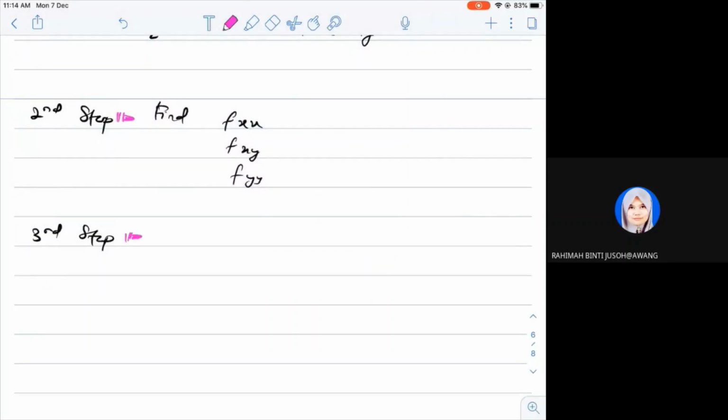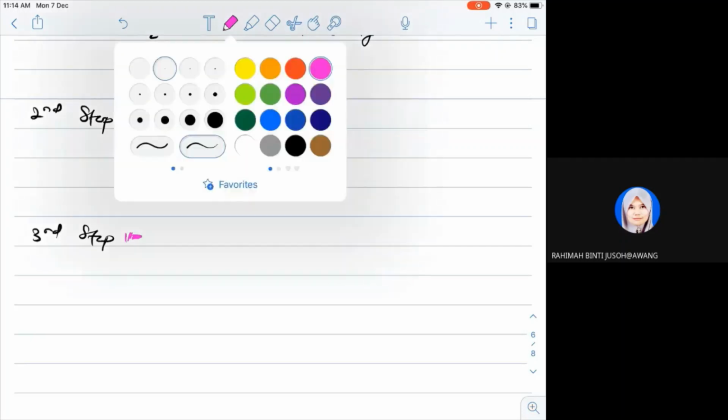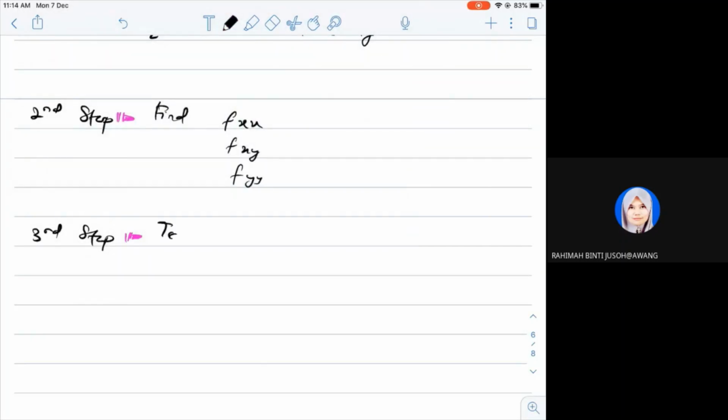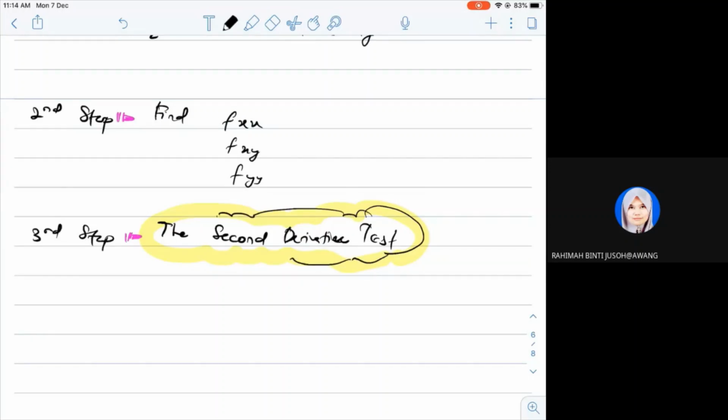This is the conclusion part. The third step is, by using the second derivative test. This is important, the second derivative test. And this is the conclusion part.